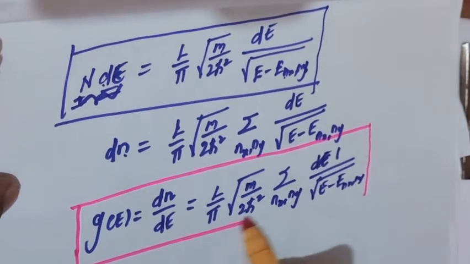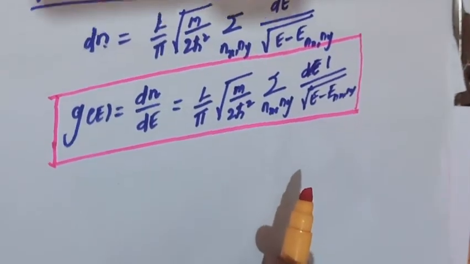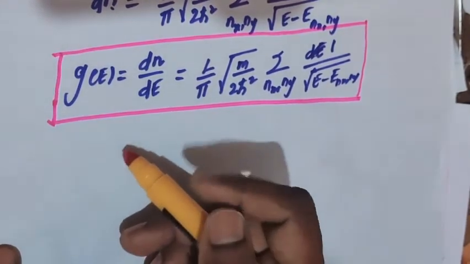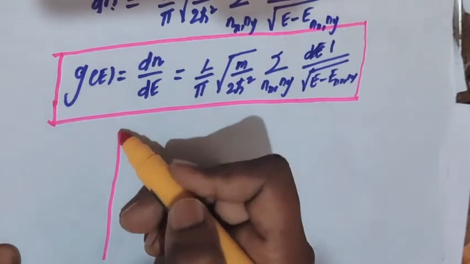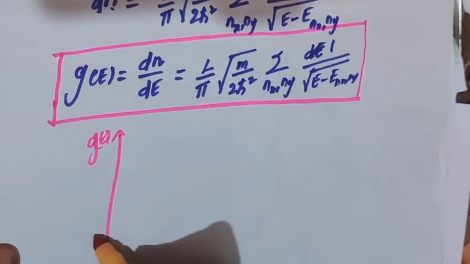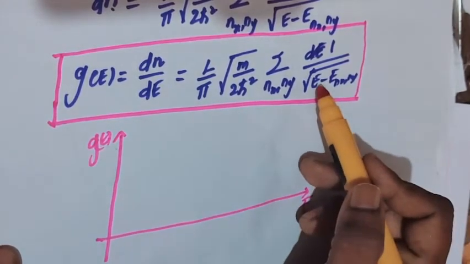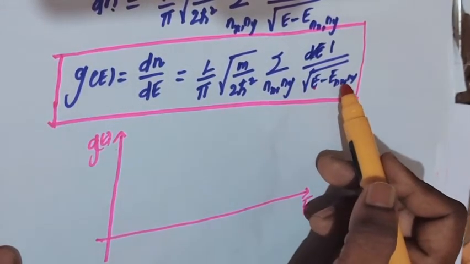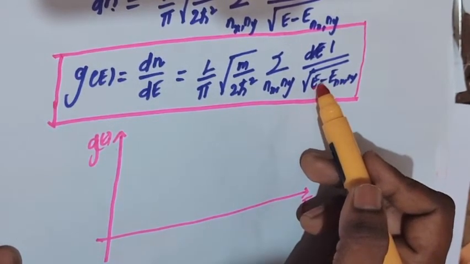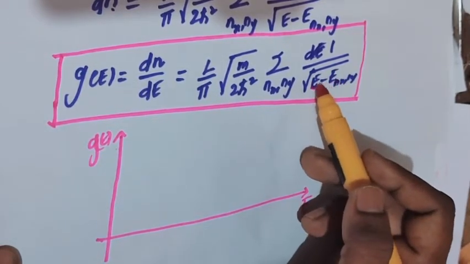Now we need to plot this one. You can do it this way: draw the y-axis as the density axis, and the x-axis as the energy of the electron. Whenever the energy reaches the allowed value, it will suddenly shoot up, because it is a square root in the denominator.